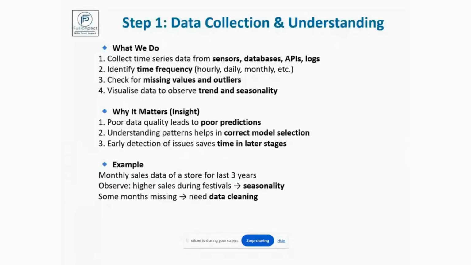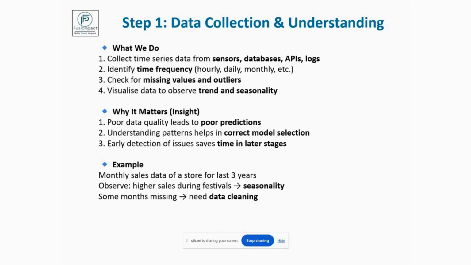The first step is data collection and understanding. Here we collect the data from sensors, databases, APIs or logs, and identify the time frequency, like daily or monthly. We also check for missing values and outliers and visualize data to observe trends and seasonalities.